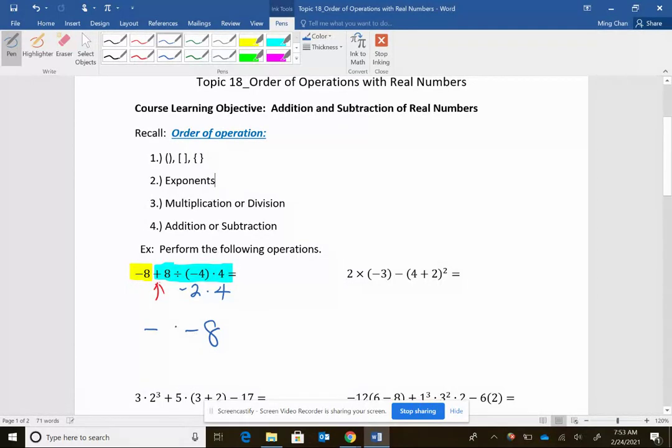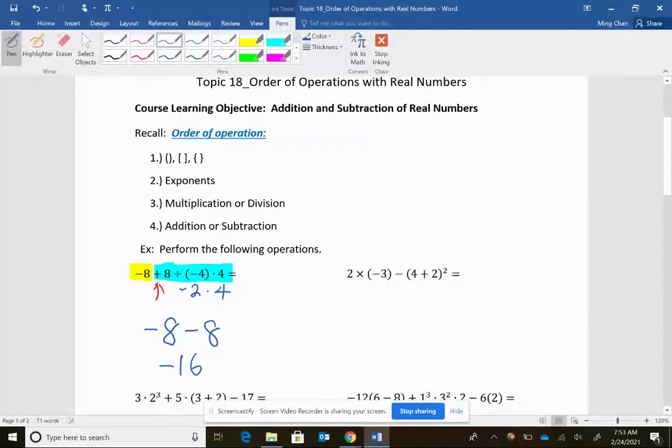Remember, every term has got to have a sign. So now I got two -8, right? So when you're ready to do the operation, now you can say this problem is -8 minus 8. So two terms, both of them have the same sign. We will add. Since both of them are negative terms, my answer will be -16.